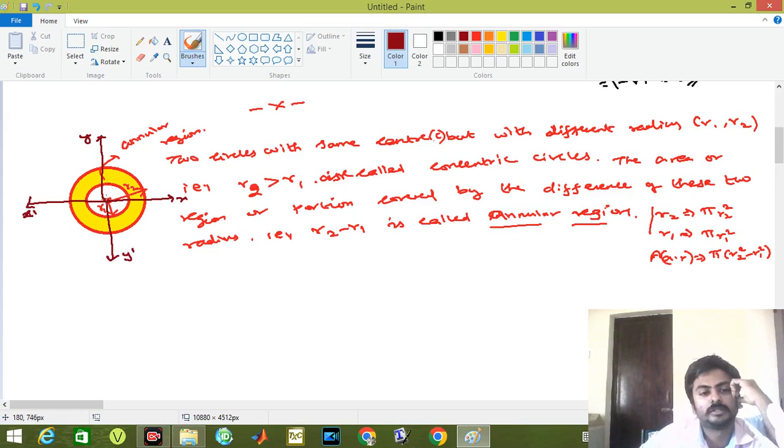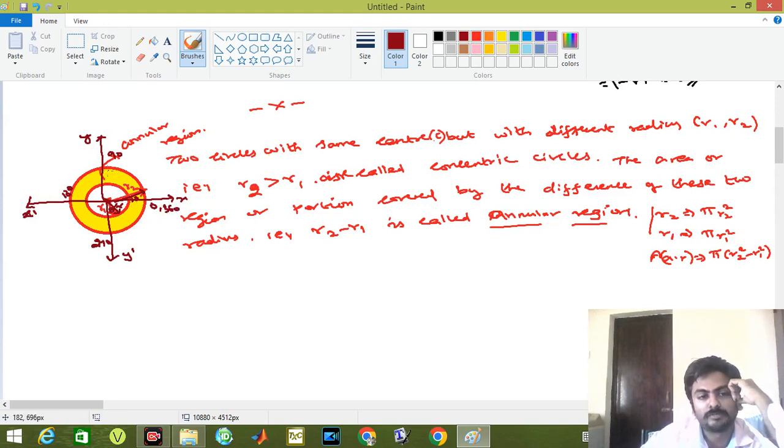When you are discussing r, you will have some theta also. So that will be 0, here it is 90, here it is 180, here it is 270, and again here you will have 360.